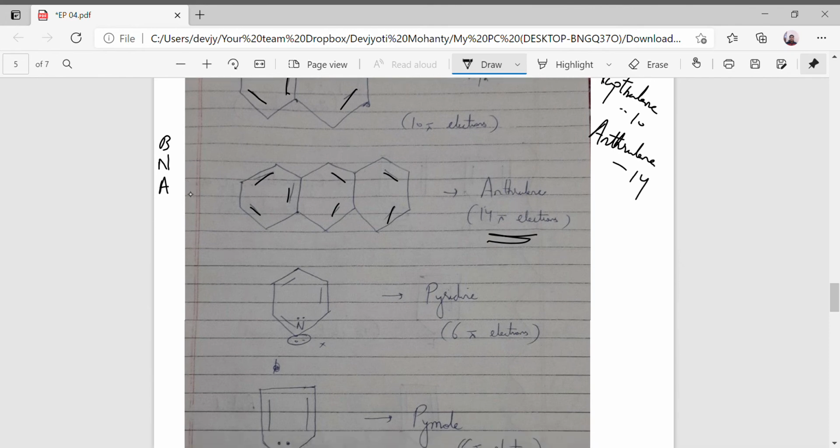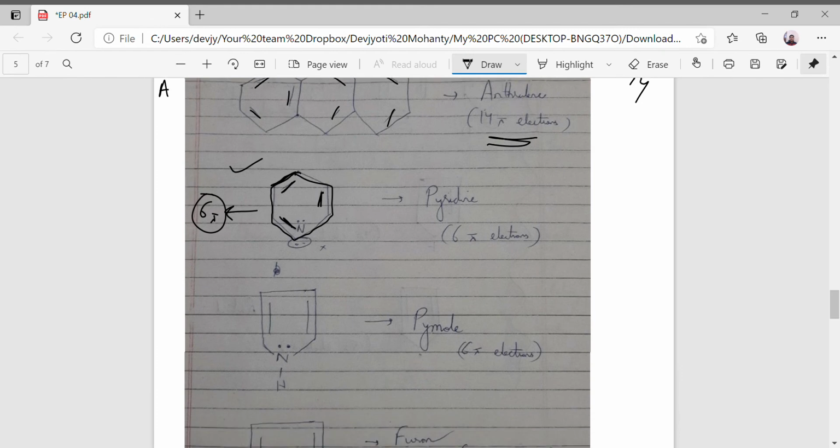Pyridine is somewhat like this. We have to draw the structure of benzene just like this. Then here one, here one, here one, then here N, lone pair upward, lone pair downward. Pyridine has 6 pi electrons, just like benzene.